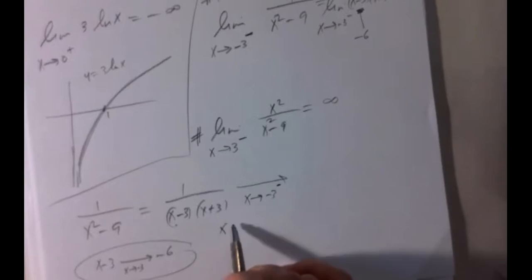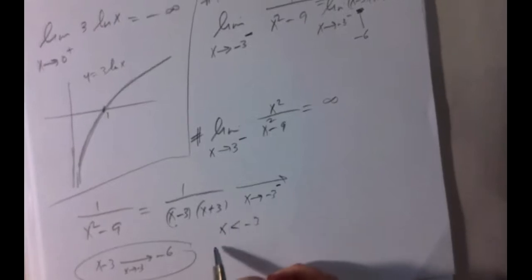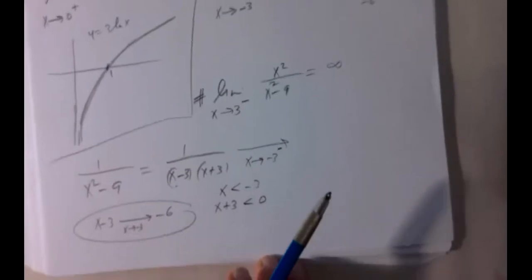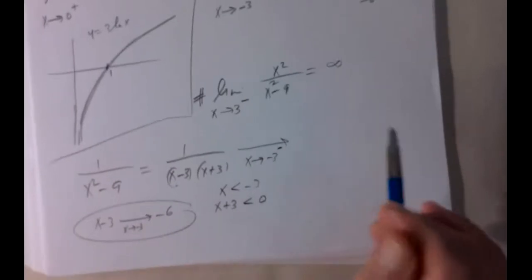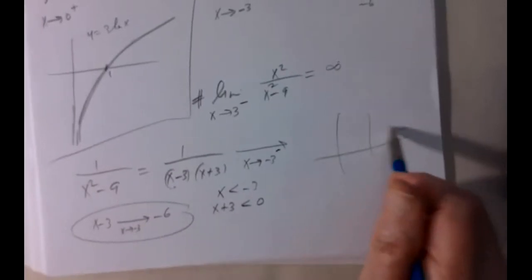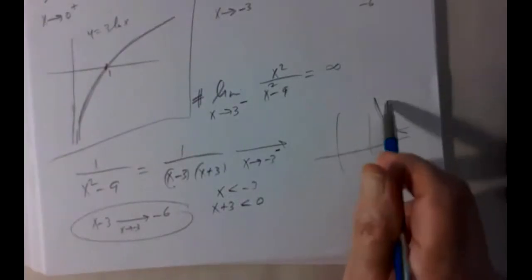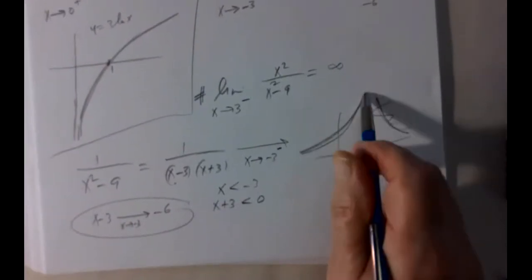And if x is less than -3, then x plus 3 is less than 0, right? So this is negative, and this is negative. So the product is positive, but the denominator is also going to 0. So if you have a positive number going to 0, that means you're approaching plus infinity.